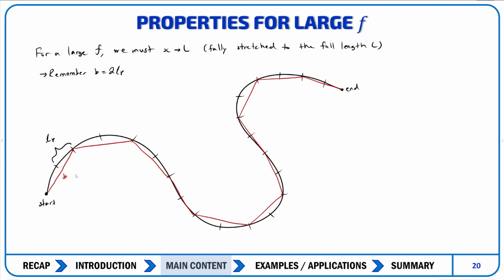So we consider this b as a step size because it is approximately 2LP. Anything past this refers to a random direction of movement.